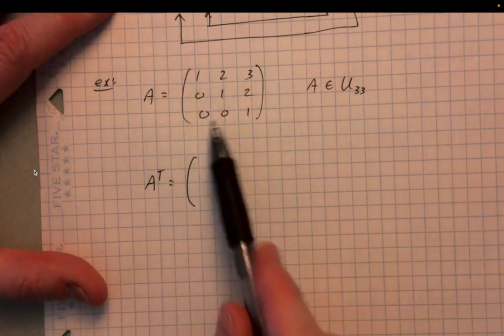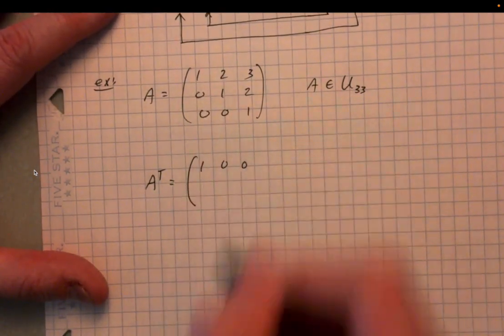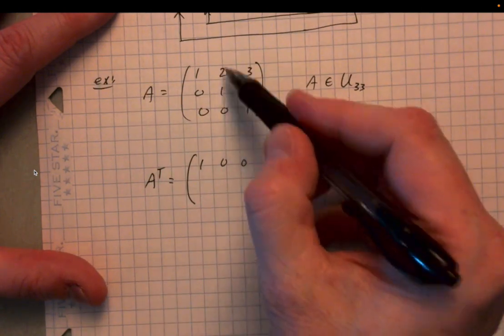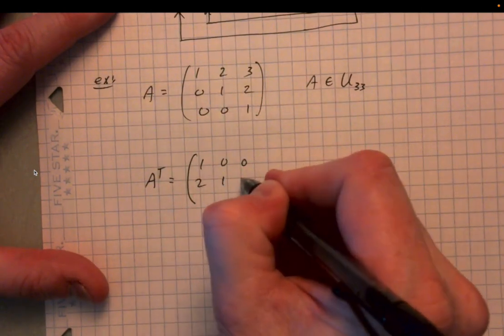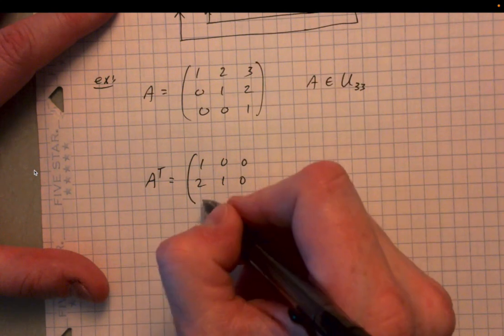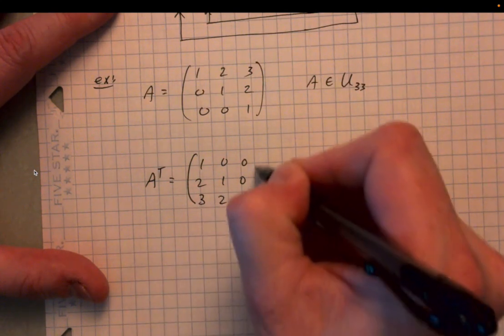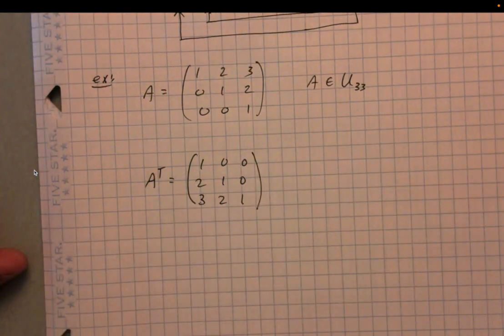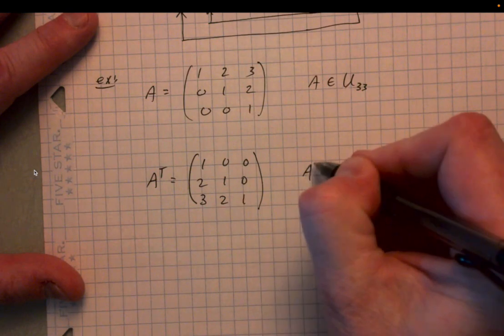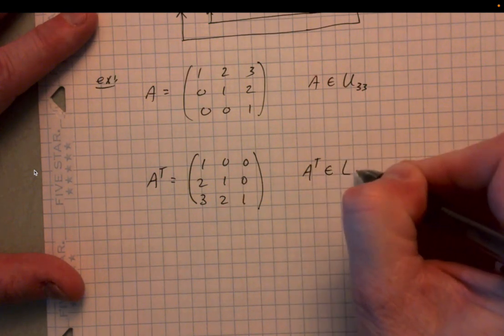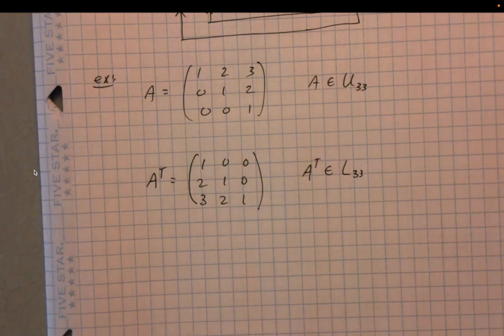Well, 1, 0, 0 becomes the first row. 2, 1, 0, that column, becomes the second row. And 3, 2, 1 becomes the third row. So A was upper triangular, and now A transpose is lower triangular. A transpose switches to the lower 3 by 3 collection of matrices. Just an interesting feature.